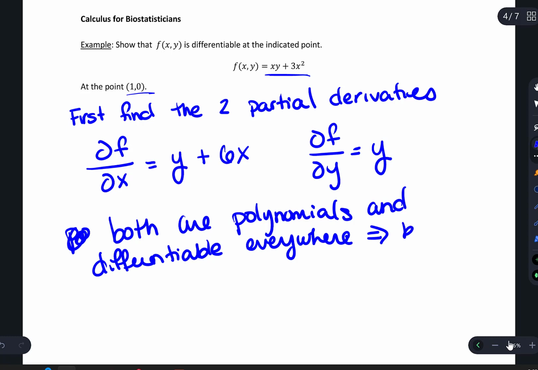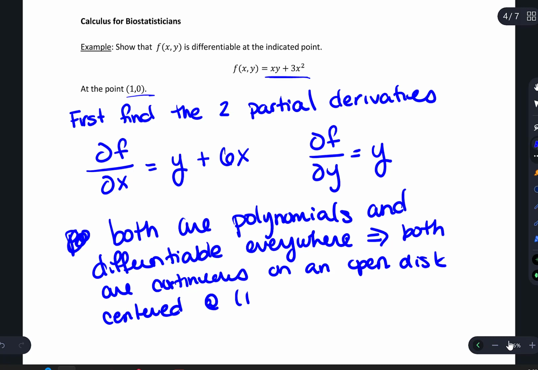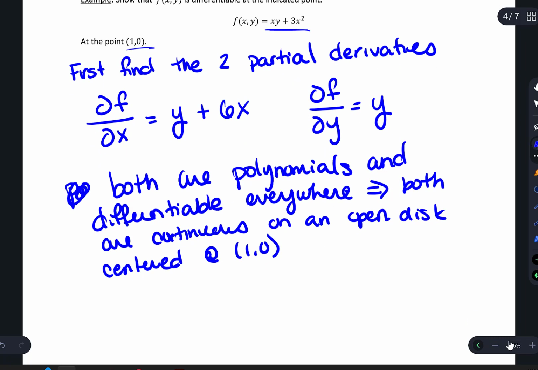Therefore, both are continuous on an open disk centered at 1, 0. And again here, since they're continuous everywhere, they're polynomials, then it's not just at 1, 0. We could really have had any point here.